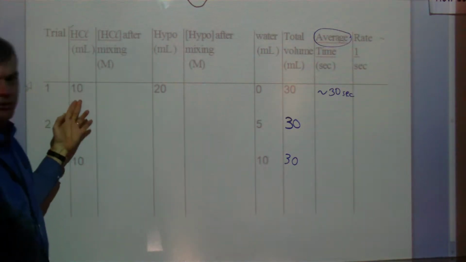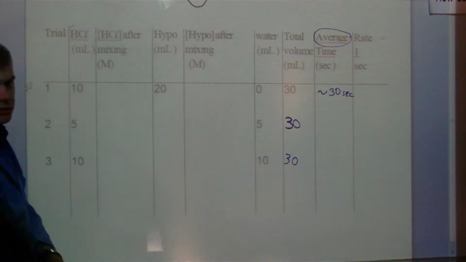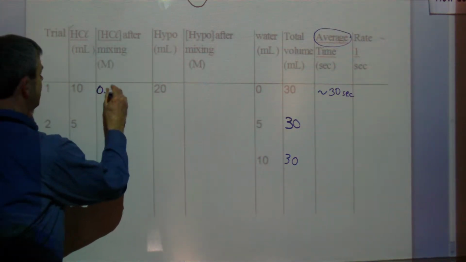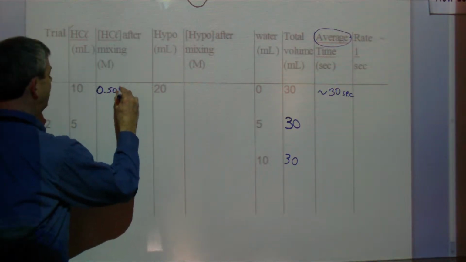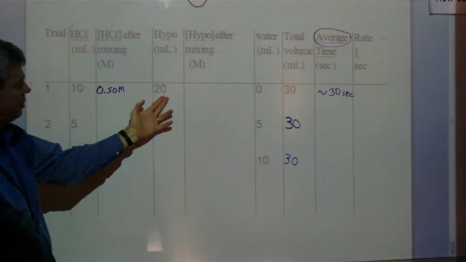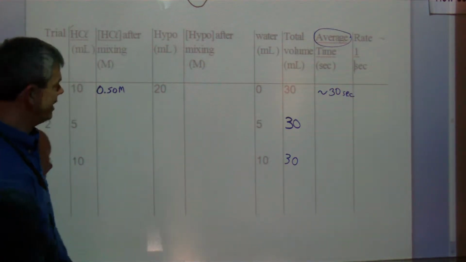So in the first mixture, we had 10 milliliters of HCl, and its initial concentration was 0.5 molar. So I'm going to start with 0.5 molar. And we took that 10 milliliters and diluted it with 20 milliliters of hypo, because the hypo has no HCl in it.